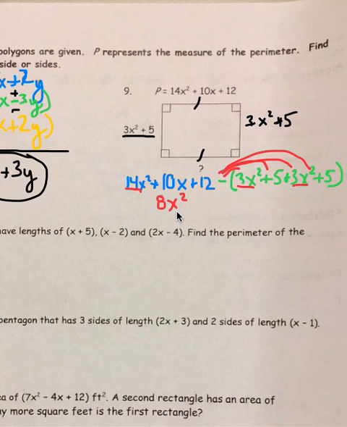And then 10x, there's no other x's, so the 10x stays the same, plus 10x. And then I have 12, and it's going to be minus 5 minus 5, plus 2. So that gives us the total of the two sides. So then, if you think about it, all you need to do is just divide it in half.